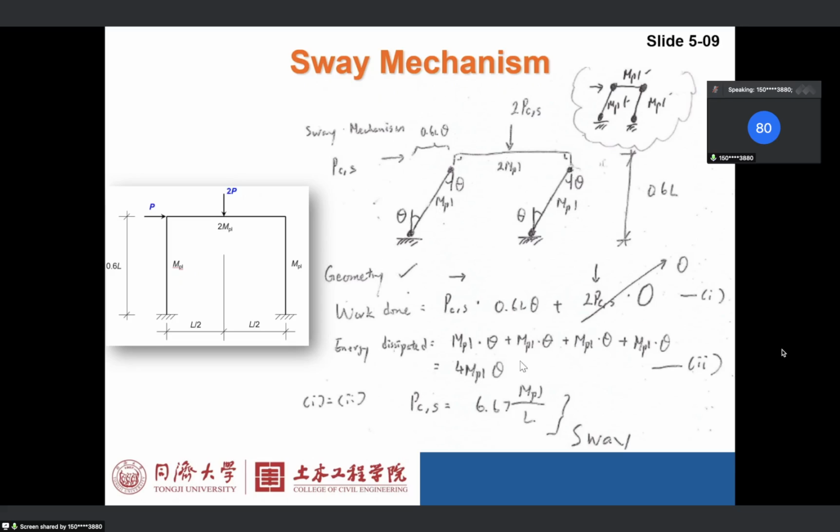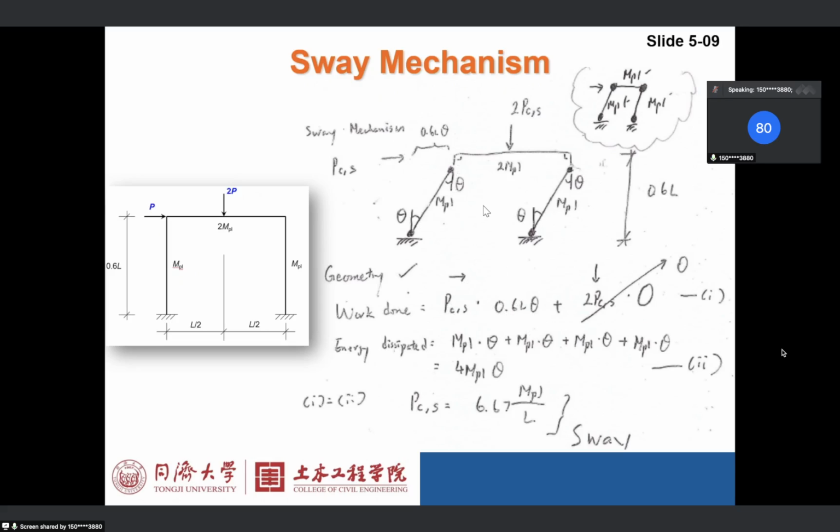So can we quickly go through the equation based on the kinematic analysis? It's very easy, right? Based on the predetermined sway mechanism deformation mode, the horizontal load PC has some displacement now, assuming these angles are theta.